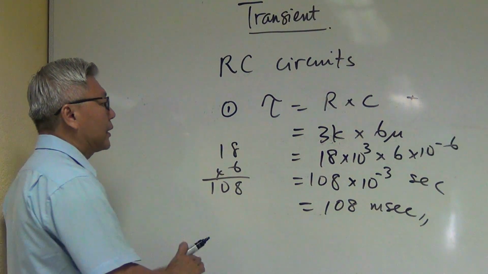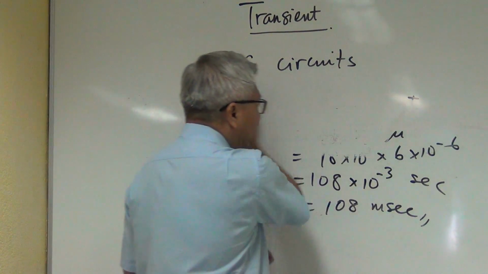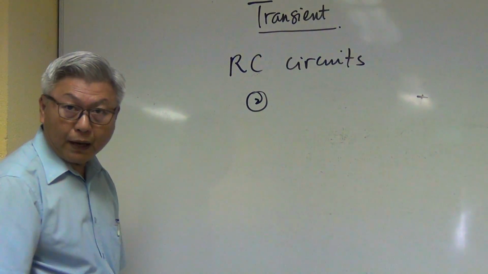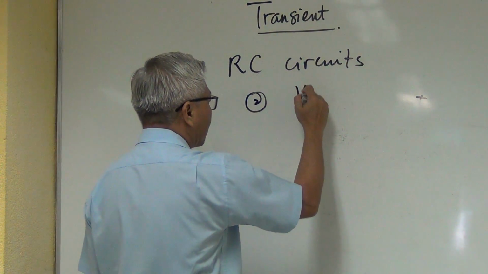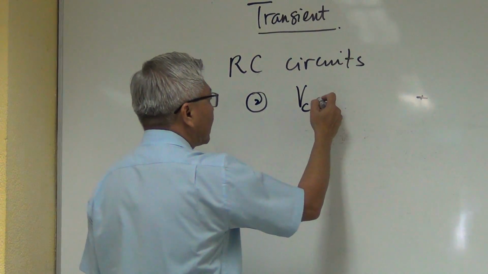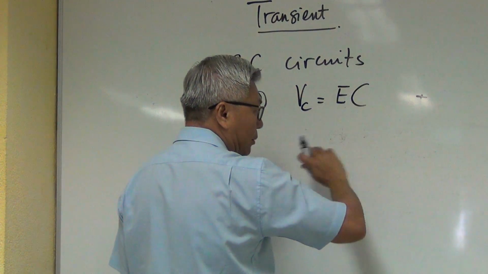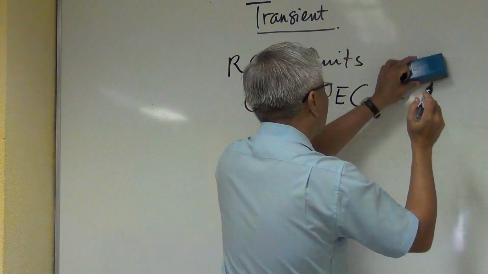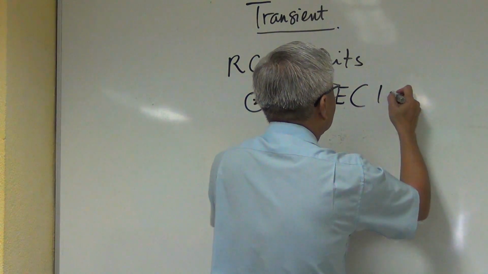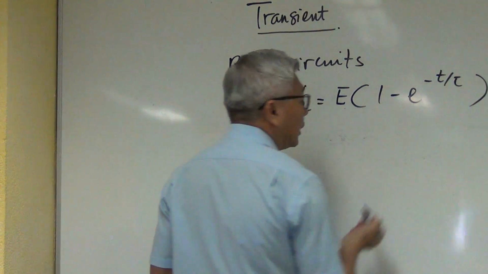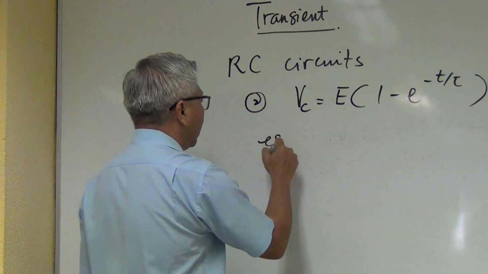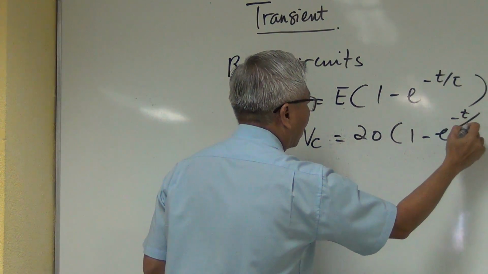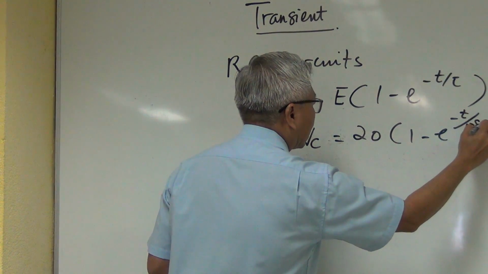So that's the first thing I want you to know. Secondly, if the voltage across the capacitor is an increasing function, I expect you to come up with an expression with a bracket. For example, VC is equal to 20 times 1 minus E to the minus t over 108 times 10 to the power minus 3.